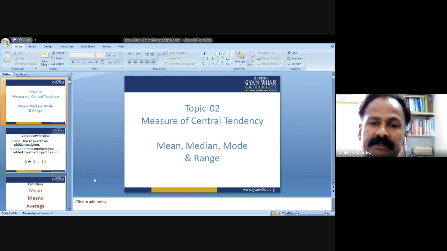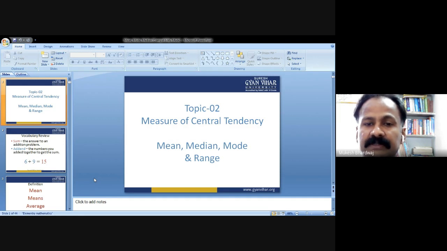We had studied the two types of presentation of data, that is diagrammatically and graphically. In diagrammatic, the pie chart and the bar chart are important, and in graphical, we draw the histogram, the ogive, and the curves, and through graphical representation of data, we can analyze the situation. So we had completed the introduction and all that.